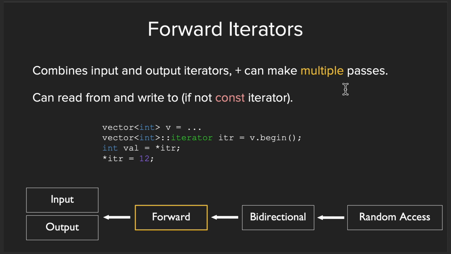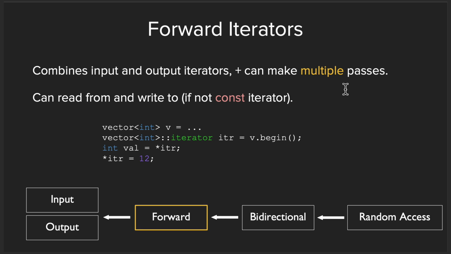Unintentional pun, that's great. The other thing that I want to point out here is that the reason why there are these arrows here is because each of these is a superset of the previous one. You'll notice the forward iterator is a superset of the input and output iterators plus some additional things.